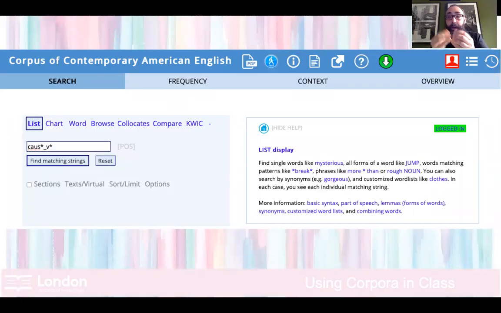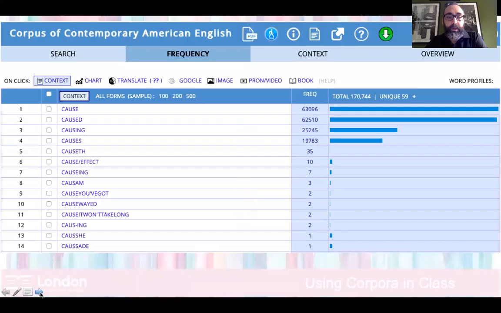And like that, if I click again on matching strings, they will give me the most frequent inflections for the word. Of course, cause as it is, but as you see, caused, the past simple or the past participle, is by far the most common inflection for this word as a verb, much more than causing or causes.